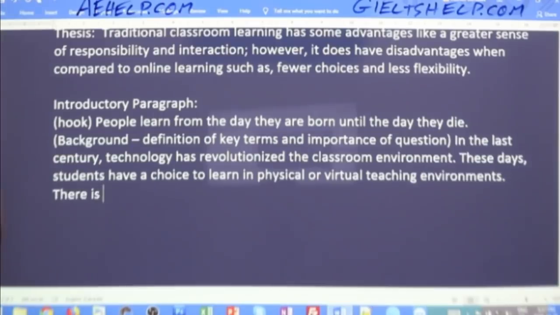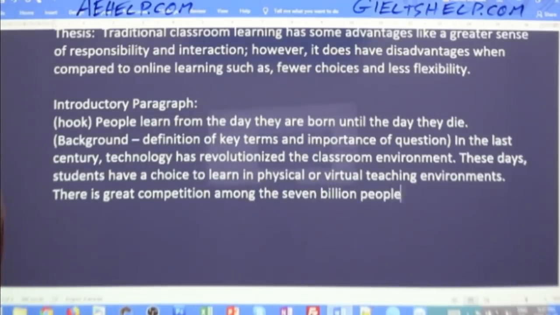There is great competition among the 7 billion people for knowledge, wealth, and power.